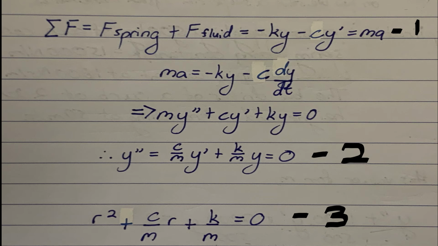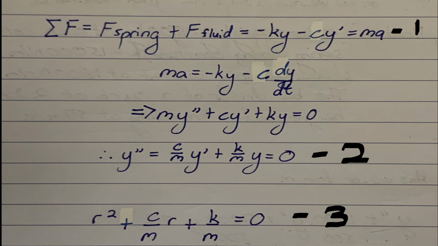Expressing acceleration as the second time derivative of displacement, we can rearrange the equation into a second order homogeneous linear ODE, m y double prime plus c y prime plus k y equals 0. Simplifying this equation by dividing by m, we get y double prime plus c over m y prime plus k over m y equals 0.